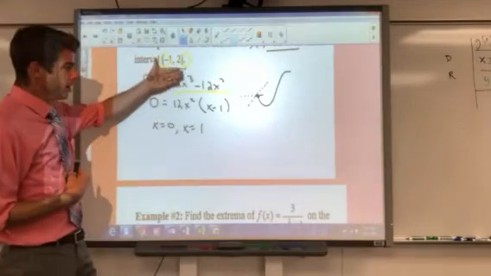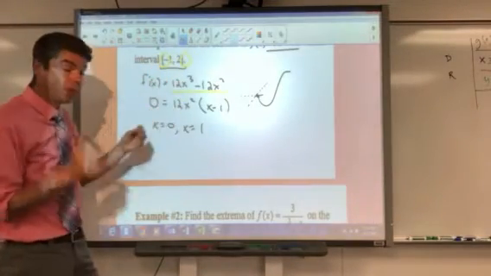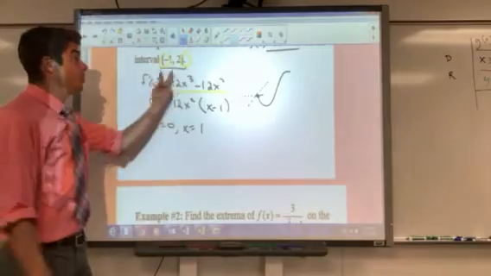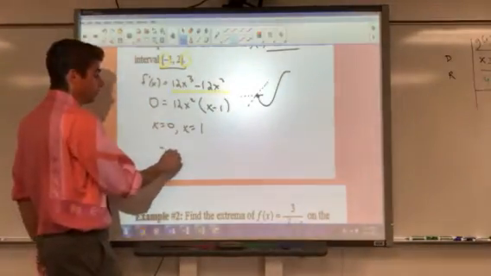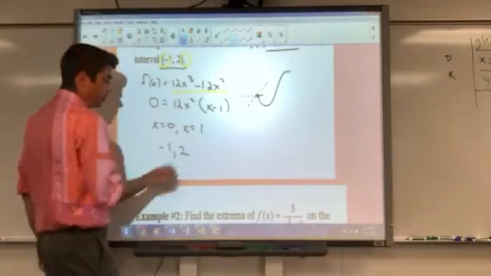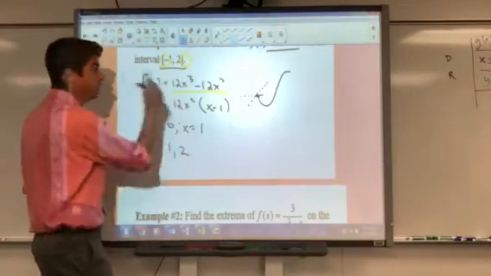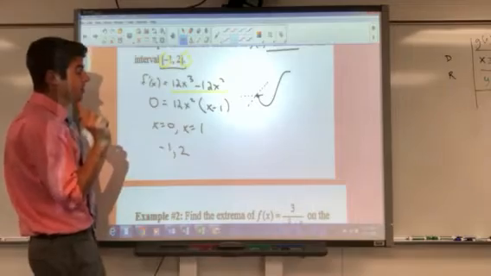After you've done the algebra and figured out which x's are zero derivatives, you have to also include your endpoints. Your endpoints of -1 and 2, even though they're not zero derivatives, are still critical because technically they're undefined.